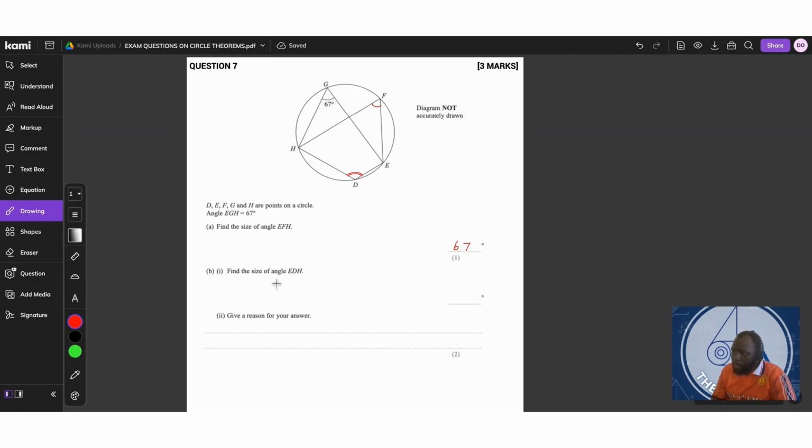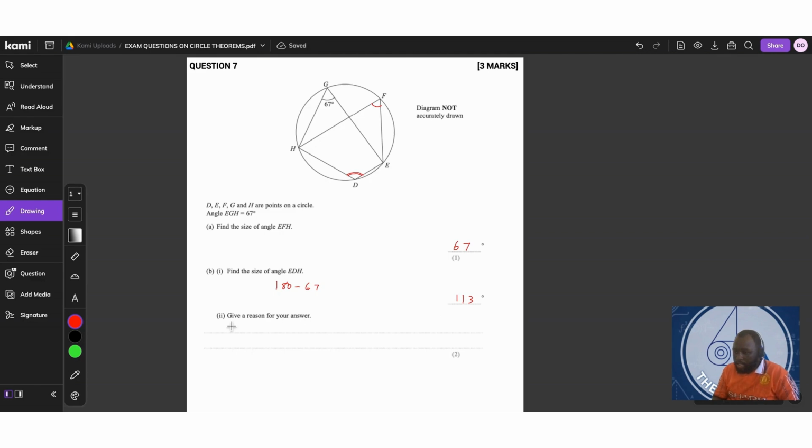And so this will be 180 minus 67. So let's have that, 180 minus 67, and this would be 113. So 180 minus 67, that is 113.